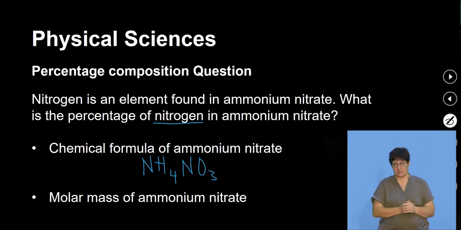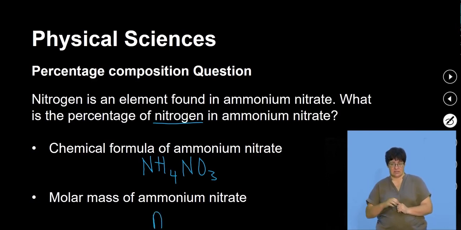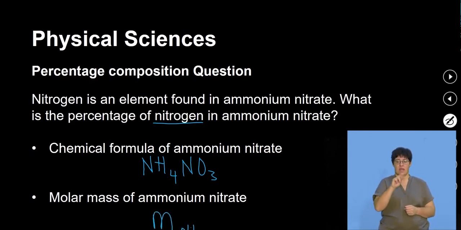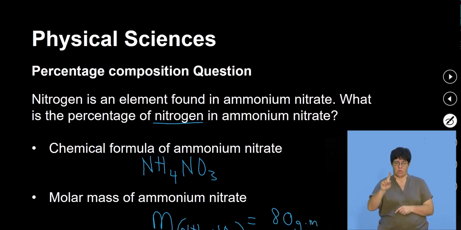That's the formula. The molar mass of ammonium nitrate, NH4NO3, is 80 grams per mole, which you'll get from the periodic table.